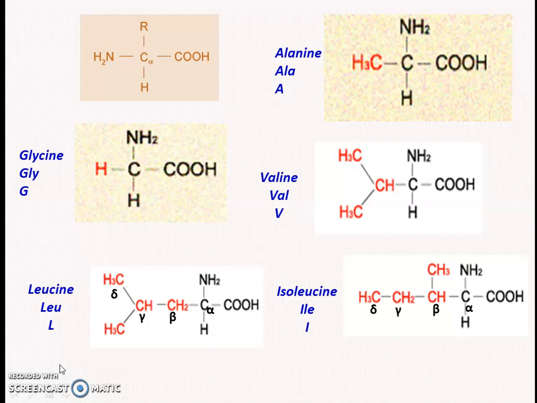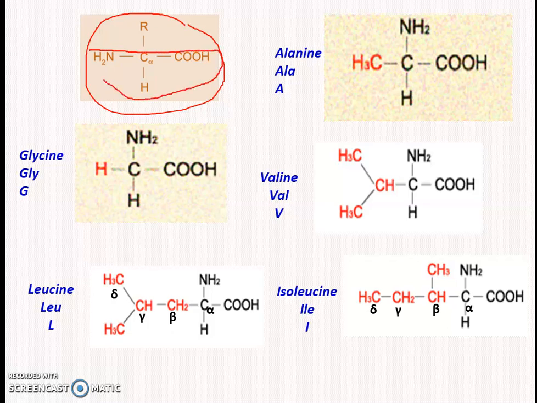A very important topic is learning the structures of the 20 amino acids. Don't be afraid to see so many structures, but they are very easy when you understand the logic of how to write them. This is the simple general structure of the amino acid, where this group is common in all amino acids: CH, NH2, COOH.